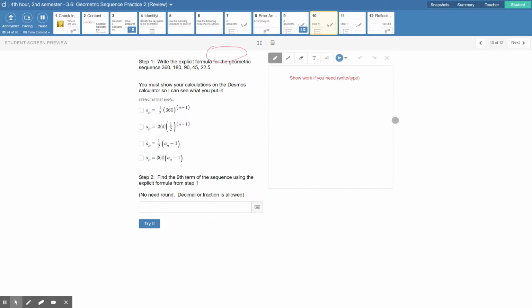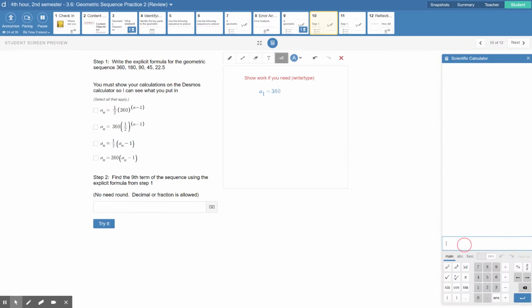For number 10, we're going to use the explicit formula, and so is number 11. Explicit, our a sub 1, we said was 360 because that's our starting term. Use your calculator to find the ratio. So 22.5 divided by 45, and then you keep going.